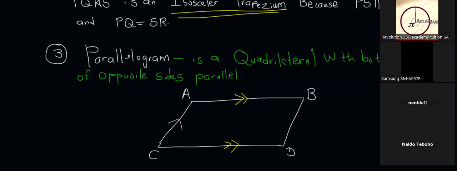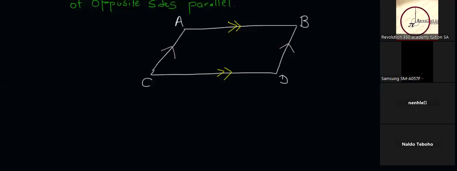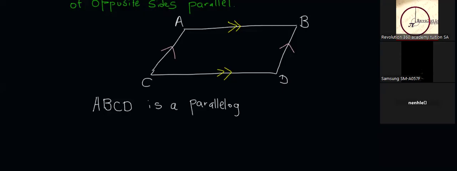So we're going to say A, B, C, D is a parallelogram. ABCD is a parallelogram since, what?